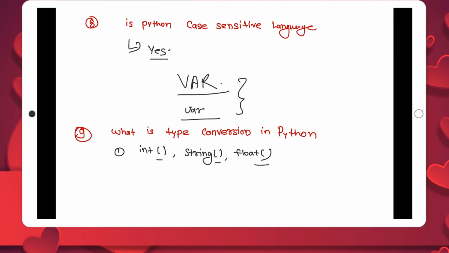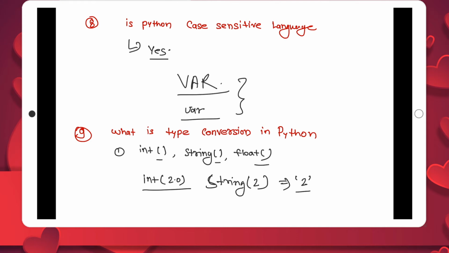If you write something, let's say int of 2.0, then this float will become an integer. And similarly, if you write, let's say, str of 2, then this will yield a result of string, that's the 2. All right.